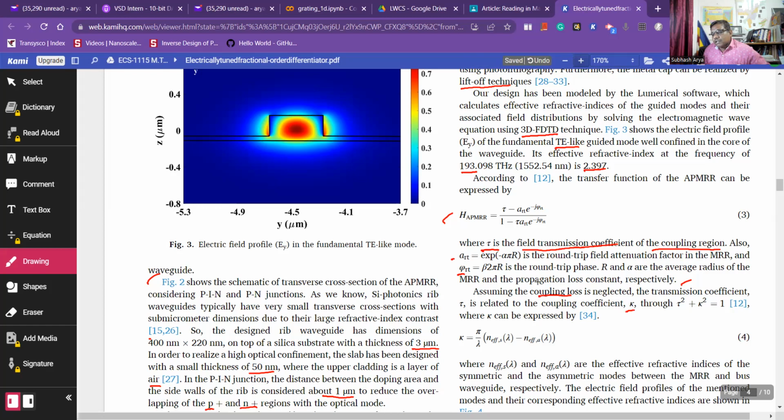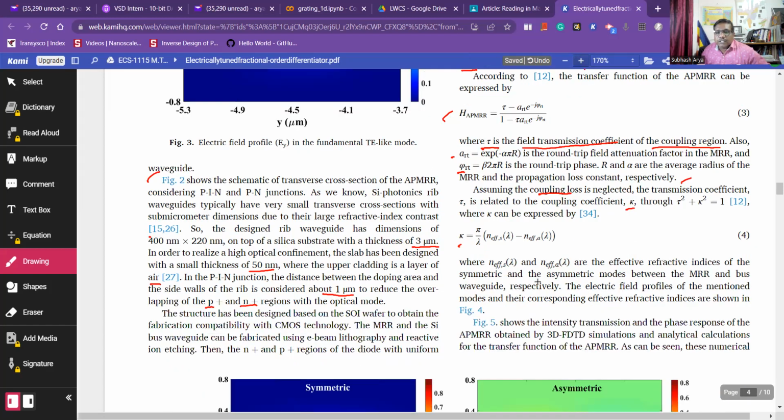So tau square plus kappa square is equal to 1, where kappa can be expressed as pi by 2 multiplied by n effective S minus n effective A. Here S and A are the effective refractive indexes of the symmetric and asymmetric modes between the MRR and bus waveguide respectively.